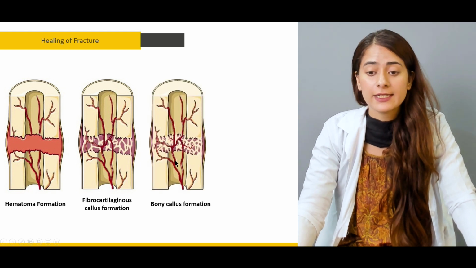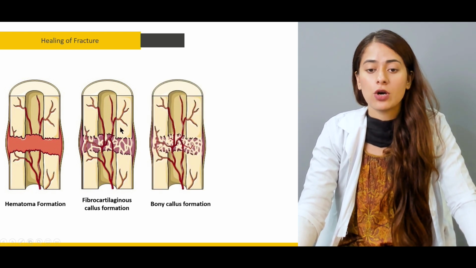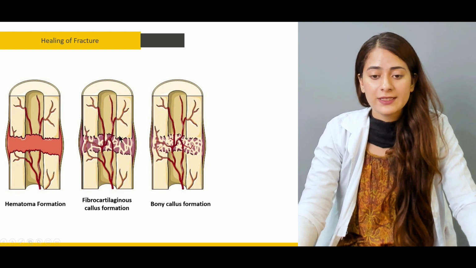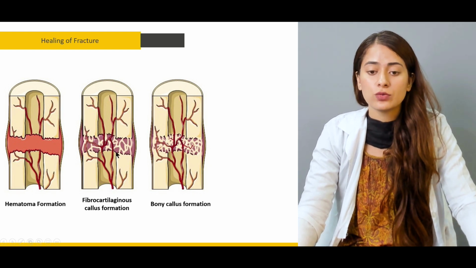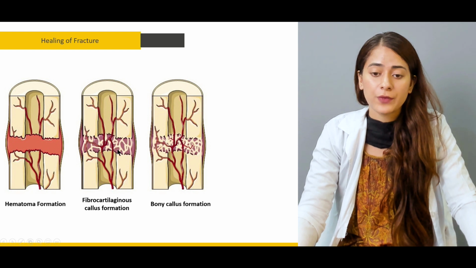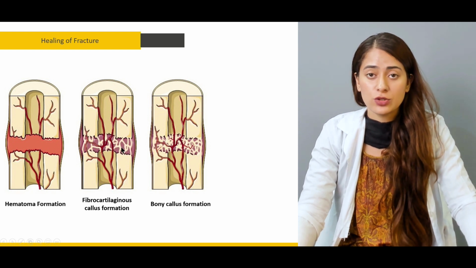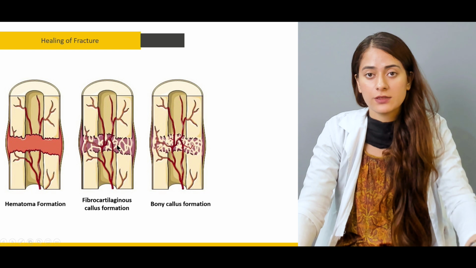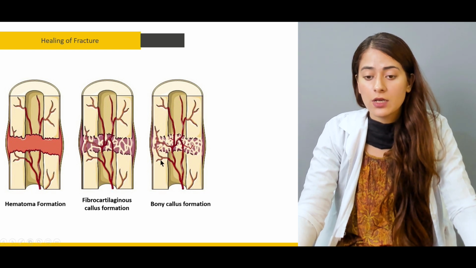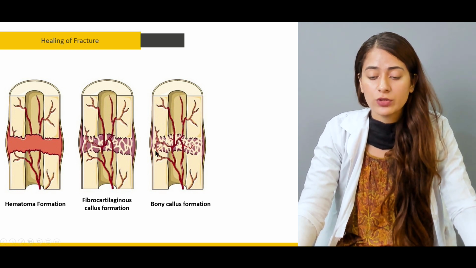What happens next is the ossification of this bone. This is somewhat similar to the bone of a newborn baby, when the bone has not ossified. So this is bony callus. The bone is ossifying.